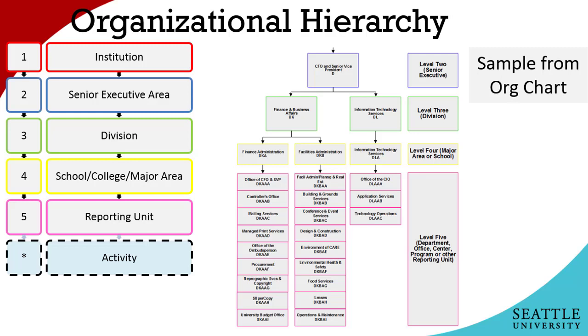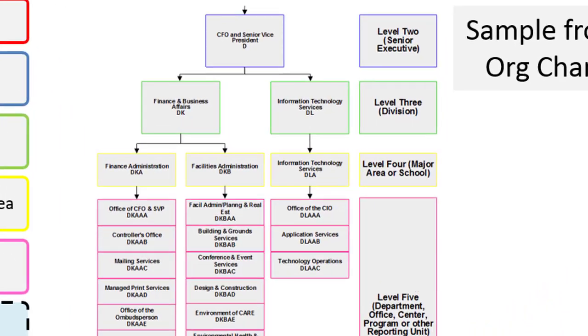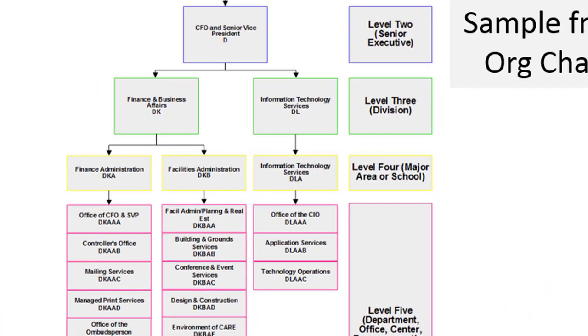To illustrate the organizational hierarchy in full, here is a visual representation of the CFO and Senior Vice President's portion of the organization. It illustrates the senior executive level through to reporting units. Notice how the first 3 digits of all the reporting unit codes build upon the levels above them.